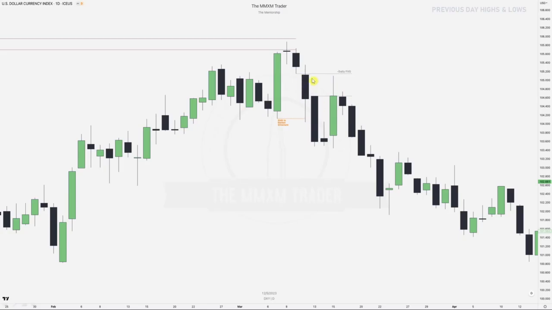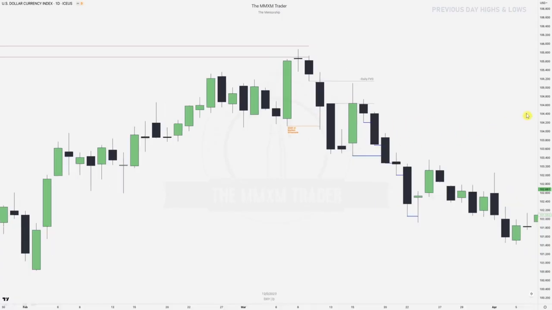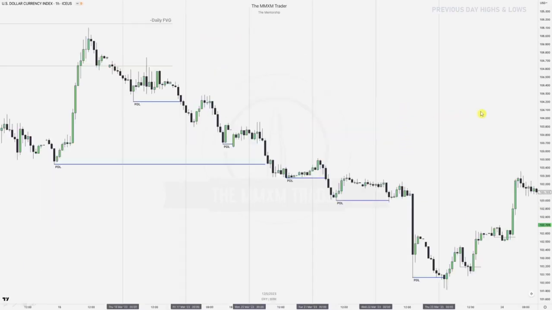Now we hit that bearish daily fair value gap, and we can see the market is targeting previous daily lows every time. Marking out your previous daily lows, this one gets taken out, this one gets taken out. This last swing low after that break of structure gets taken out. Again, previous daily low, previous daily low, previous daily low. So it's a very easy liquidity pool to get targeted when you are in bearish order flow.